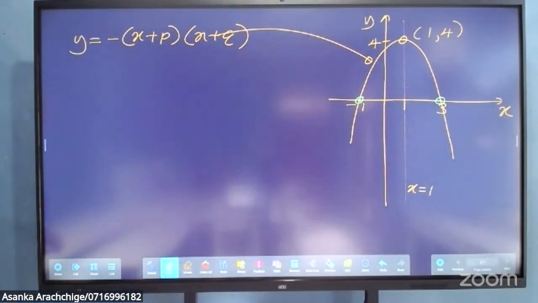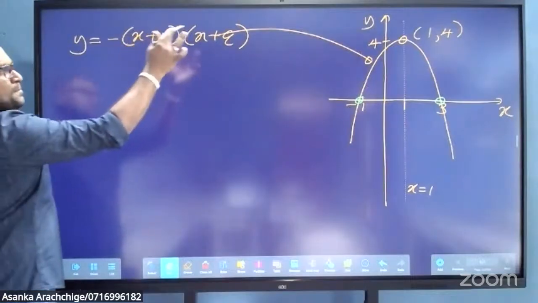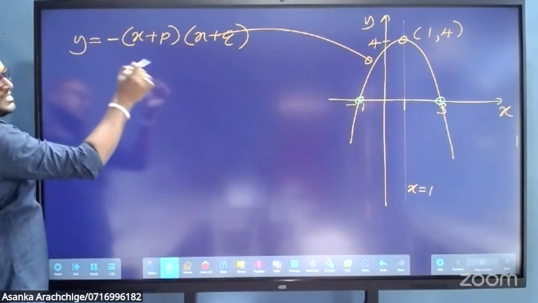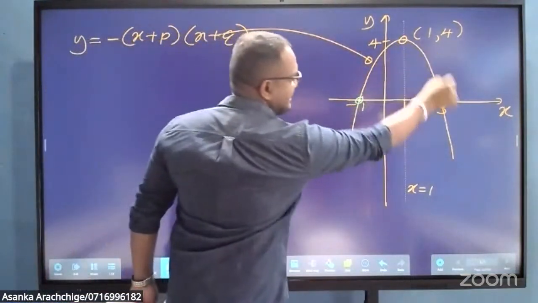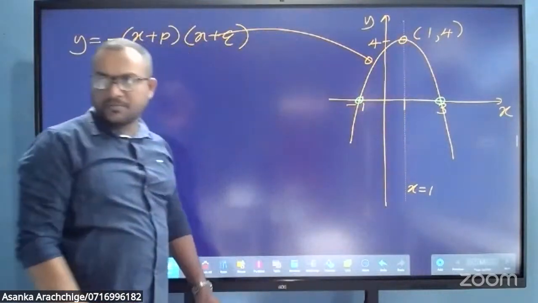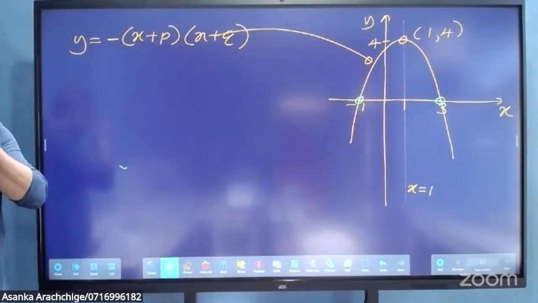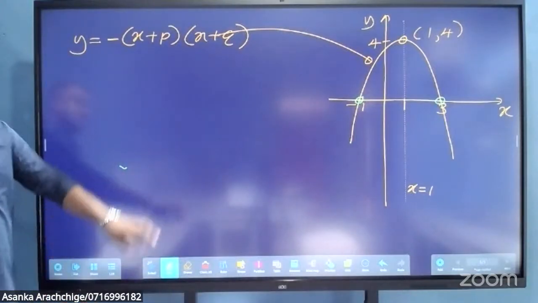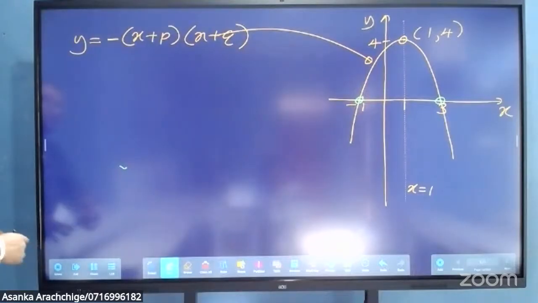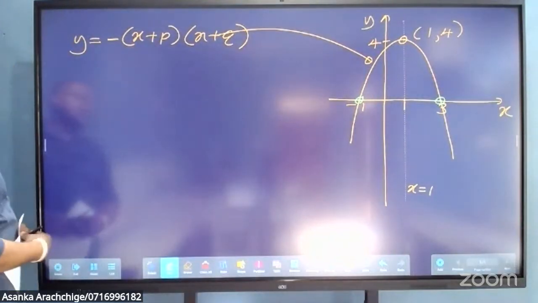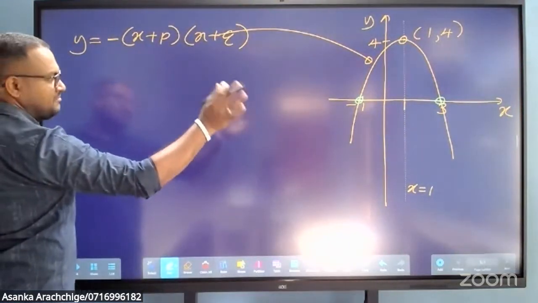Right. The reason why this product has been minus is this parabola has a maximum point. I have explained these things in the lesson. We have got 3 methods, 3 ways to write the equation of the function.